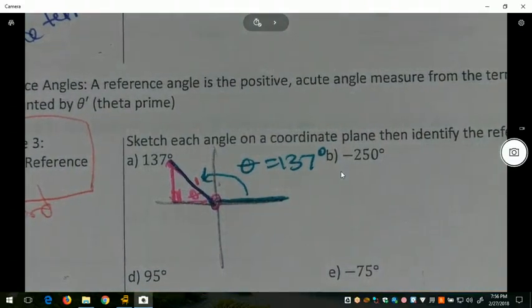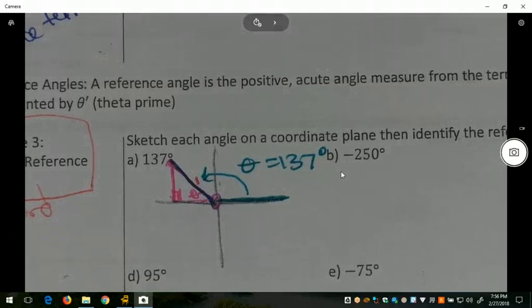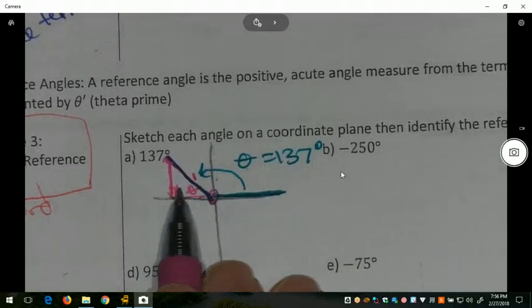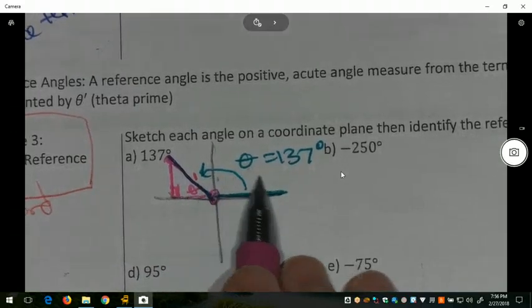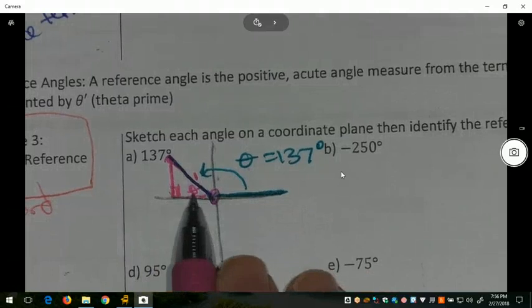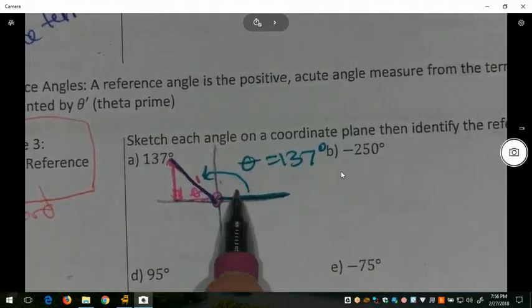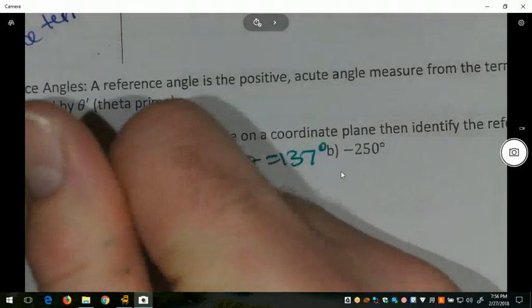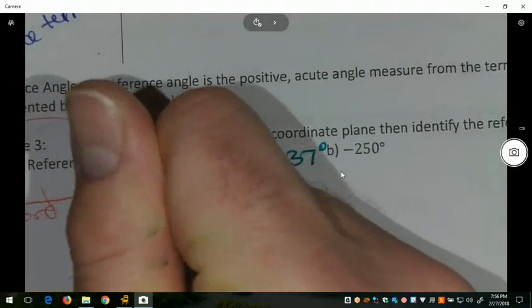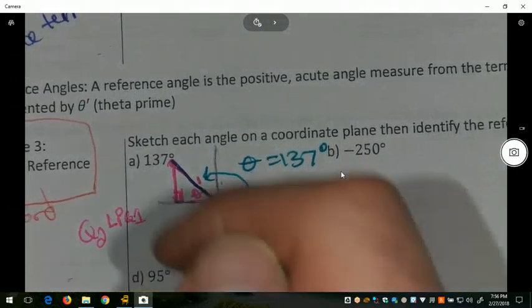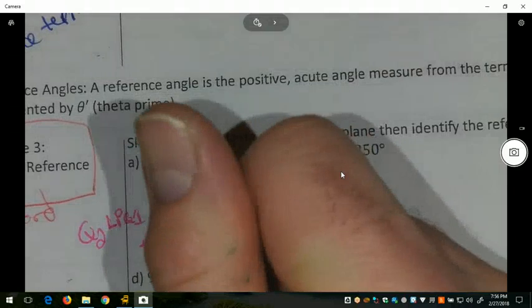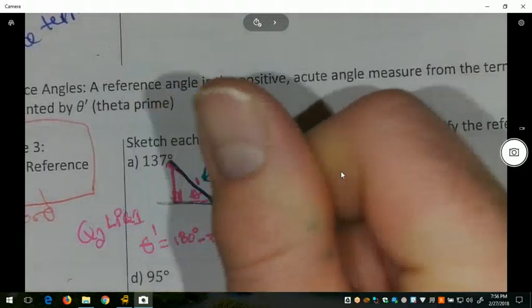So you just put a prime on it, just like we did when we were doing transformations with images and pre-images. So think about this as the pre-image angle, and this is the image angle, but not really. This is actually theta, and this is its reference angle. So we know that these two form a linear pair. If it's in quadrant 2, it forms a linear pair with quadrant 1. So all I have to do to find theta prime is 180 degrees minus theta.